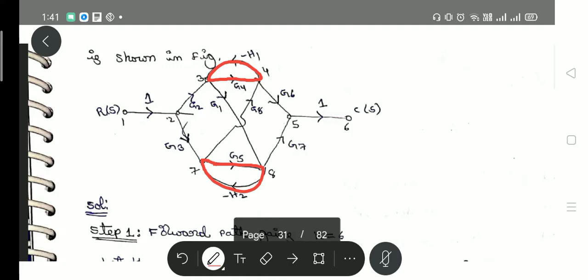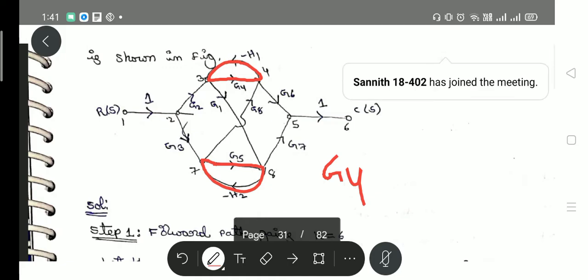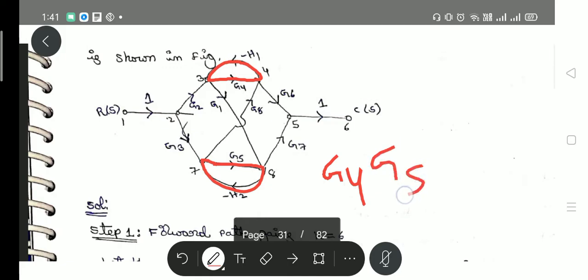So we can take these two loops separately and multiply all the variables in these two loops. So the two non-touching loop gain is G4, G5, H1, H2. Minus H1 minus H2, the minus signs cancel.